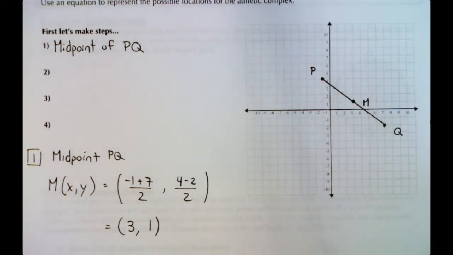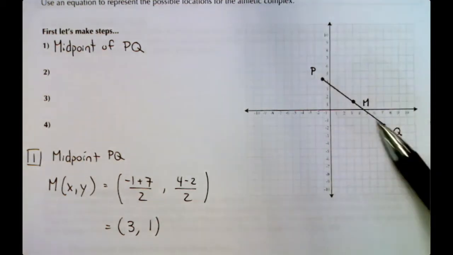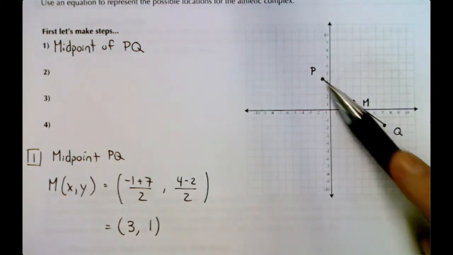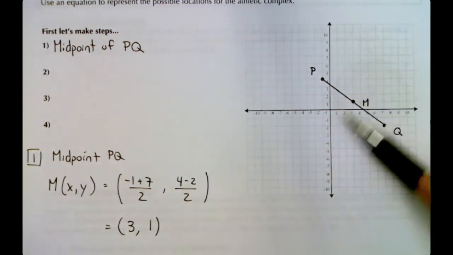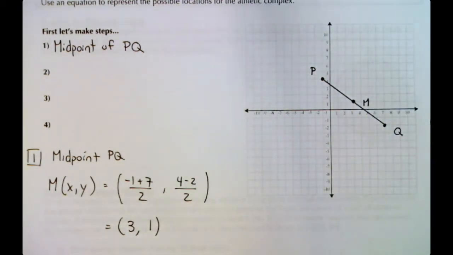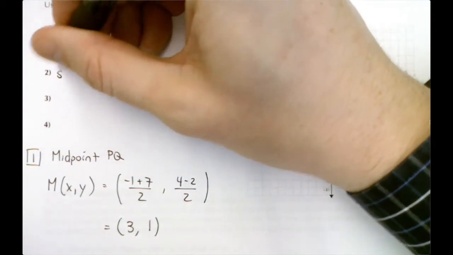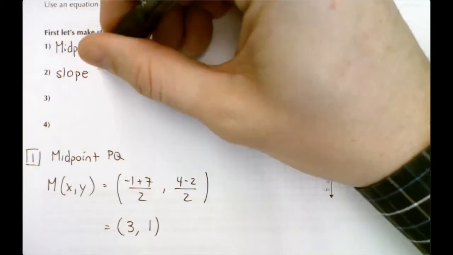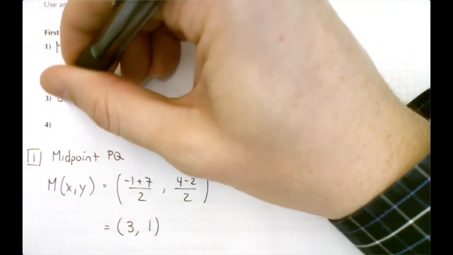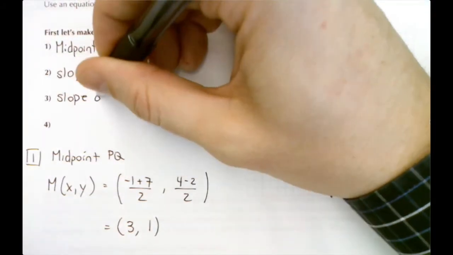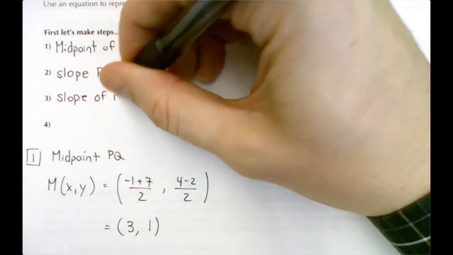So what we might want to do instead is find the slope of PQ, because if we do the negative reciprocal, we find a perpendicular line. And that goes back to our review of grade 9 in the 2.0 lesson, perpendicular lines. So we're first going to find the slope of PQ, and we're going to use that to find our slope of the right bisector.